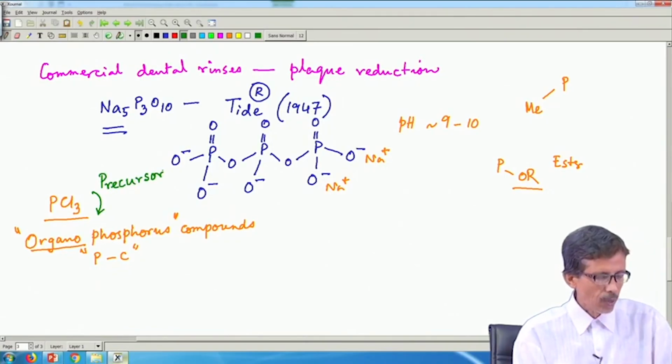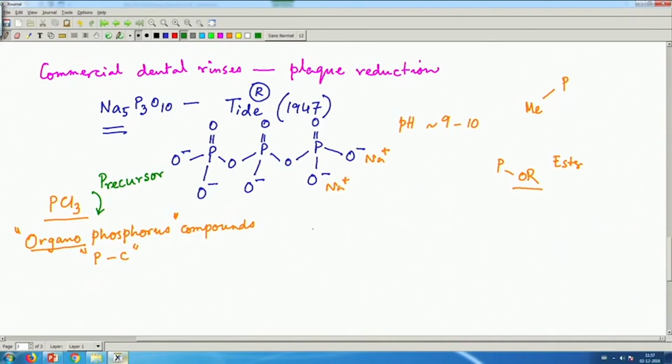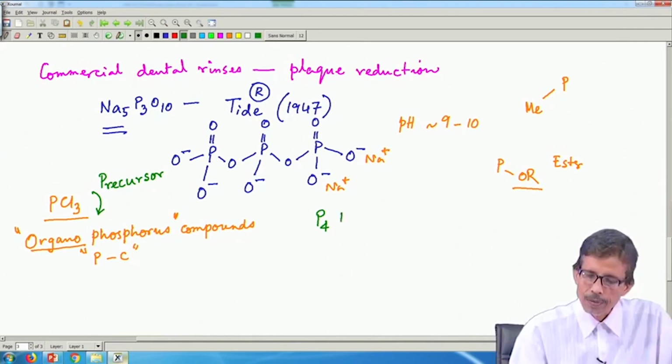for the different types of organophosphorus compounds, and we get it very easily by reacting elemental phosphorus, which we write in most cases as P4, or sometimes as P2. So, P4 plus 6Cl2.